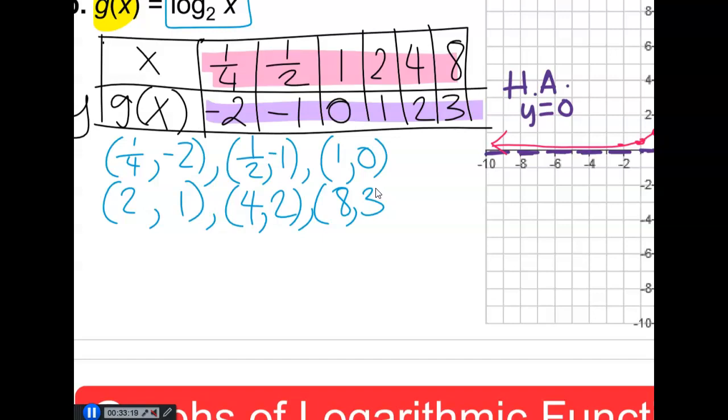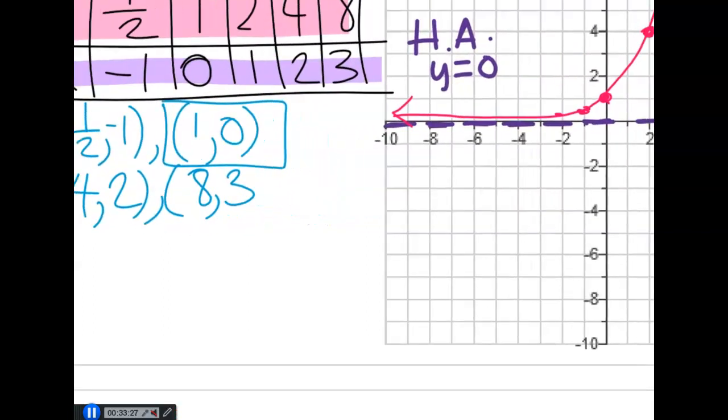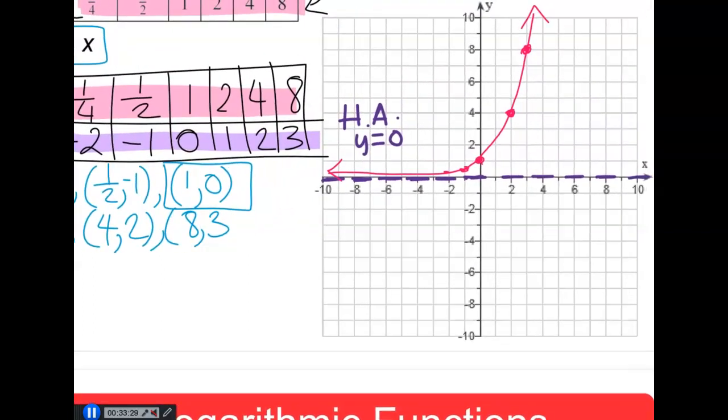Let's start with the not y-intercept, but x-intercept. No, what am I doing? X-intercept is the point 1, 0. There. And then let's go ahead and graph this one, 8, 3.